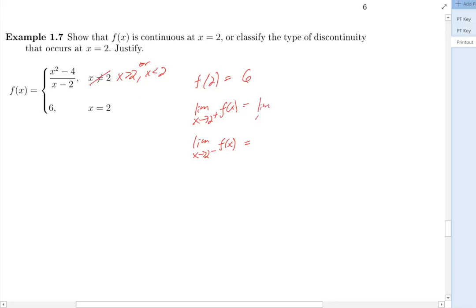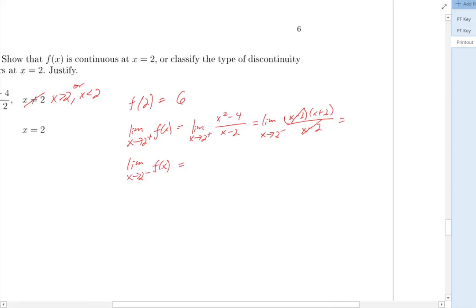So here, for f of x, we'll use this definition. And that's 0 over 0. So I'll reshape. And then what's left after reshaping, I can just do by plugging in.